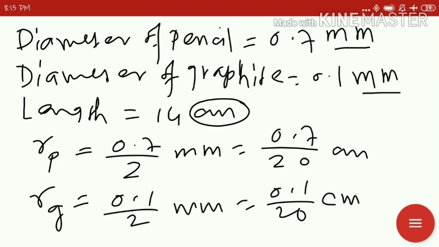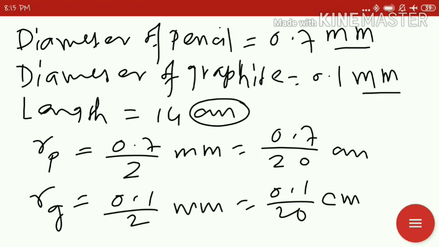Those are the radius of the graphite part and the radius of the pencil, the whole thing. Now we will find the total volume of the pencil and the total volume of the graphite, and if we subtract, you will get the volume of the wood content in it.